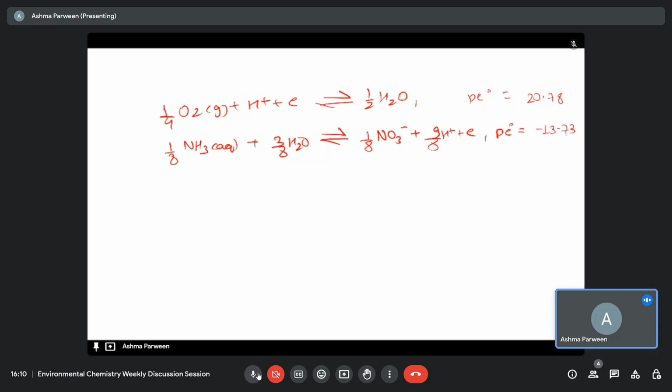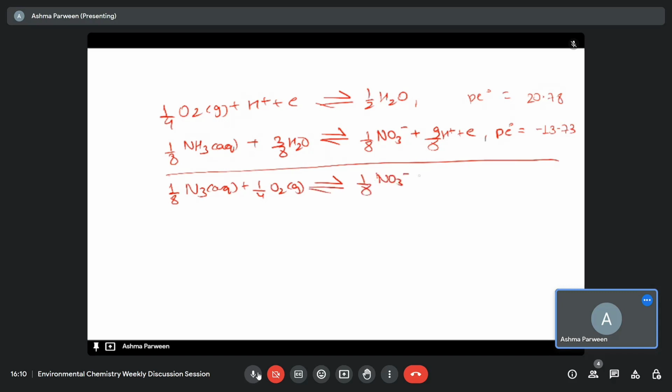Sorry, it is 13.73, it is directly given. We have to find the overall reaction and the overall pE naught for this reaction.